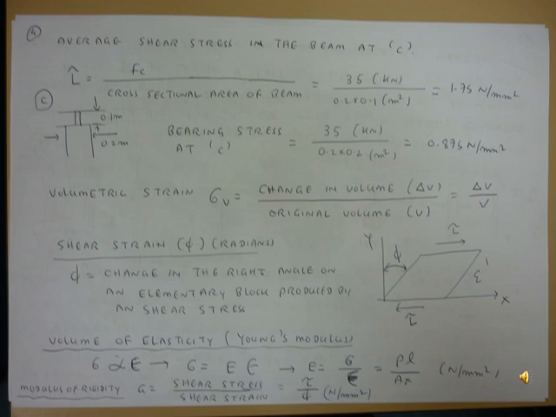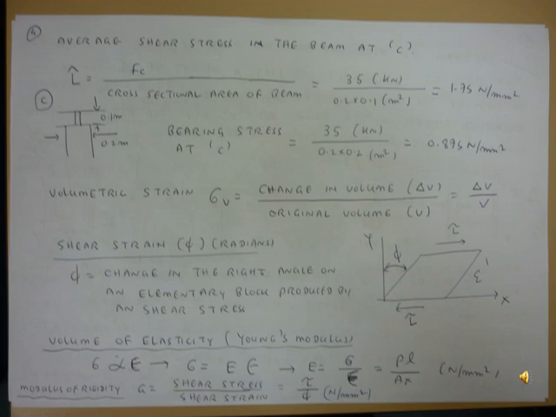For this equation, stress is equal to P by A, and strain is equal to H by L. So PL by AH will be the Young modulus E. P is the force, A is the original area, H is the change in length, and L is the original length. The unit will be Newton per millimeter square.